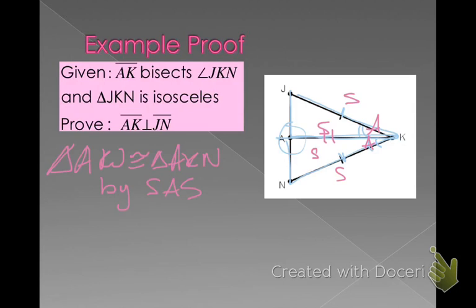So then the next thing that we're going to do is show that these two angles are congruent, because if you have two congruent angles on a straight line, they must both be right angles. Alright, so angle JAK is congruent to angle NAK by CPCFC.